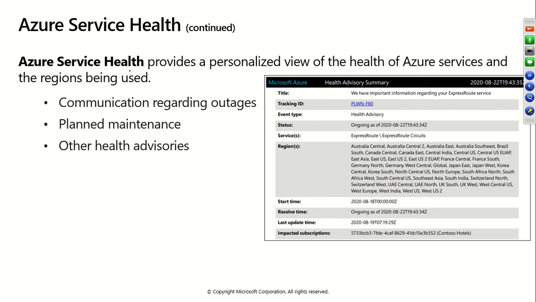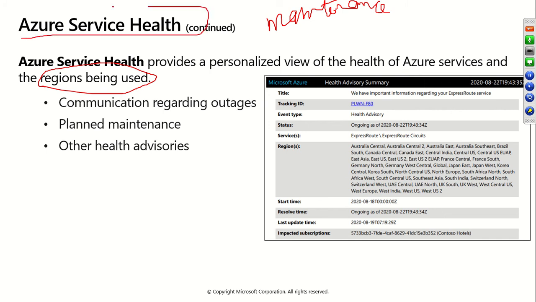All right, so Service Health can give you a personalized view of the health of your Azure services and the region being used, because Azure resources are also being maintained from time to time. When there is maintenance, the information about all the services affected by maintenance will be communicated through Azure Service Health.